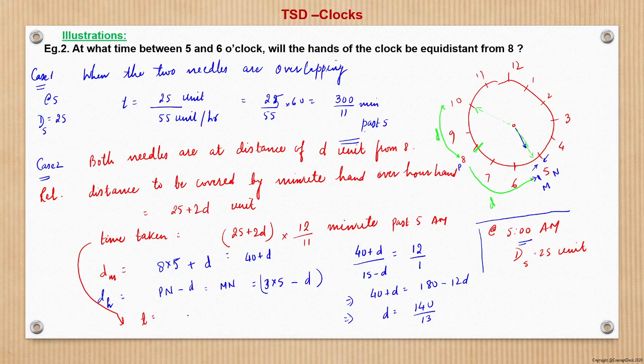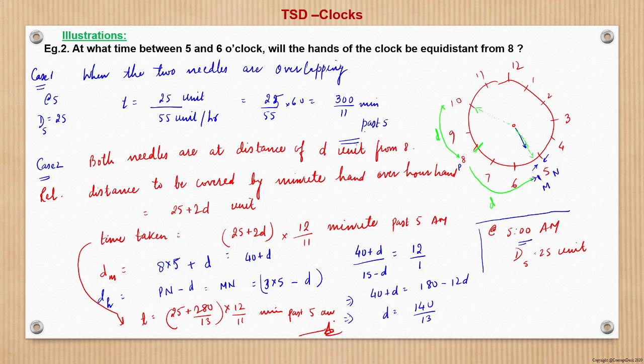Time will be 25 plus 2d, that is 25 plus 280 upon 13, into 12 by 11 minutes. This can be simplified. This will be the answer: minutes past 5 a.m. This is the answer.